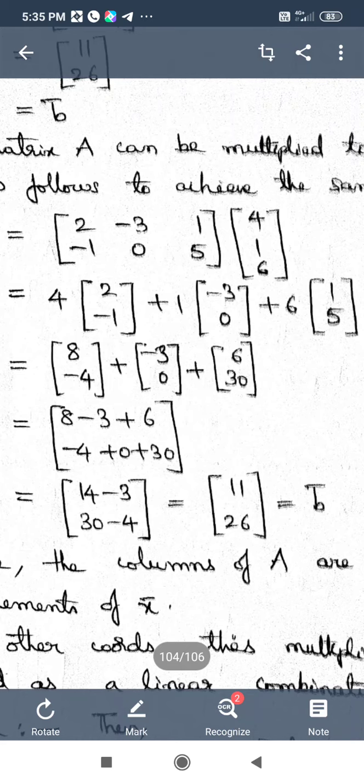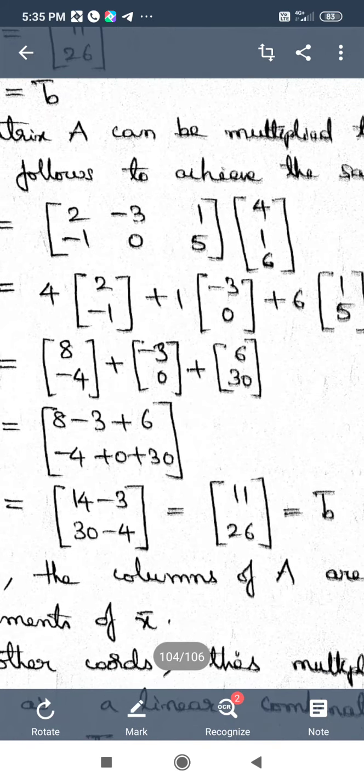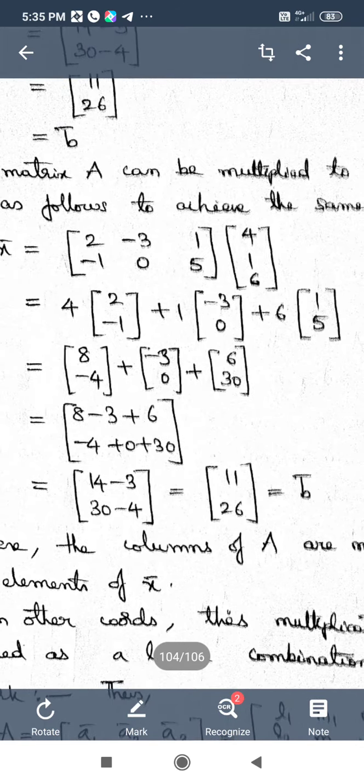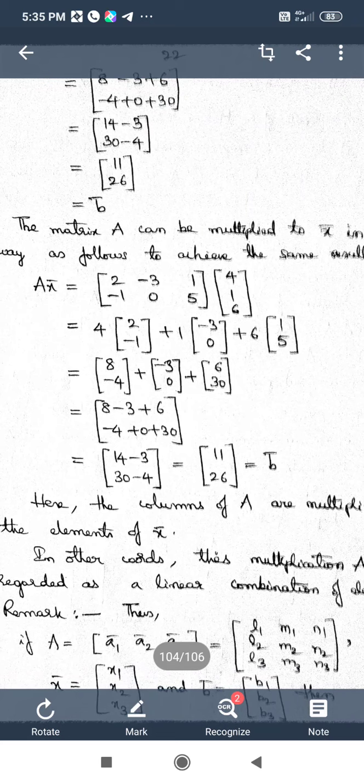If we further simplify it, we can see it is 14 minus 3 and 30 minus 4, and this gives us the final matrix as (11, 26), and this is the same as the answer, the resultant matrix in the above method also.